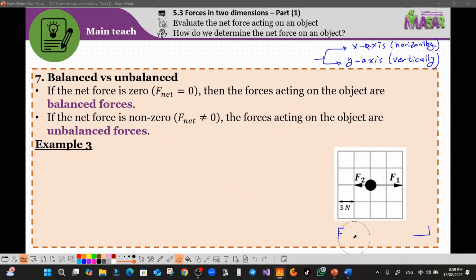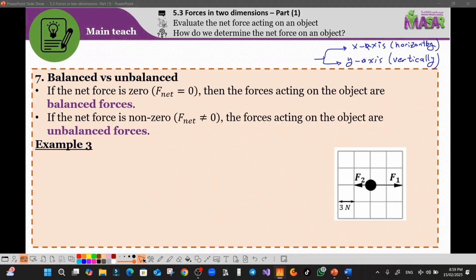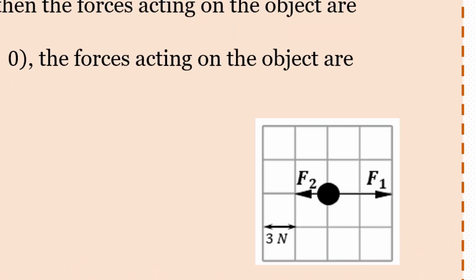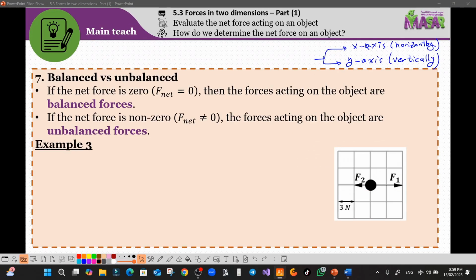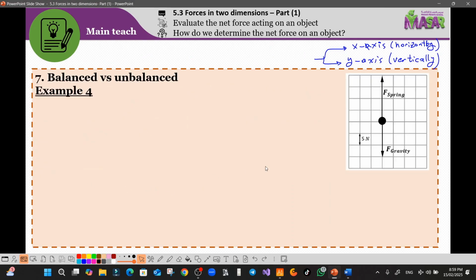So here, let's get back to this case in example 3. We can notice that left does not equal the right. Sorry, here the force is equal to 6, and here the force is equal to 3. Since they are not equal, the F net cannot be 0. So as a result, these are unbalanced forces because left does not equal right.